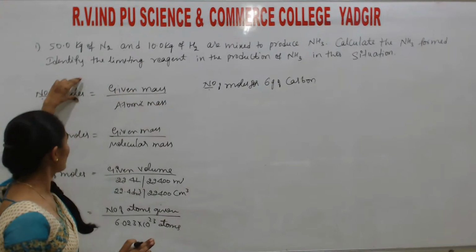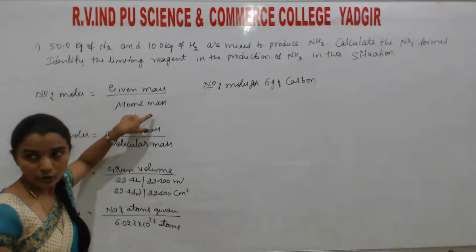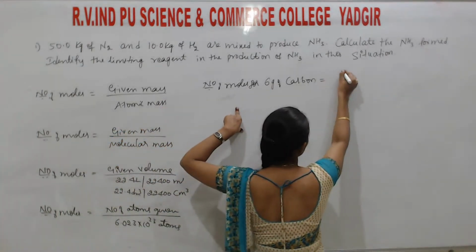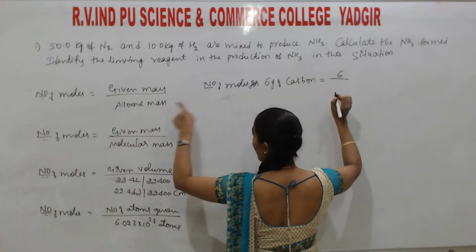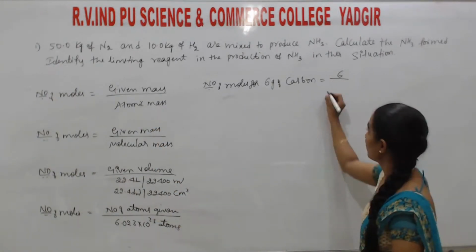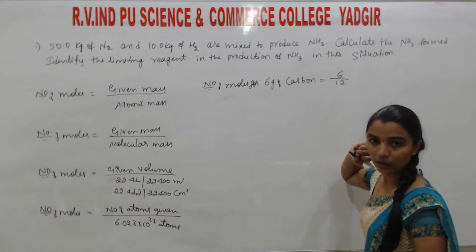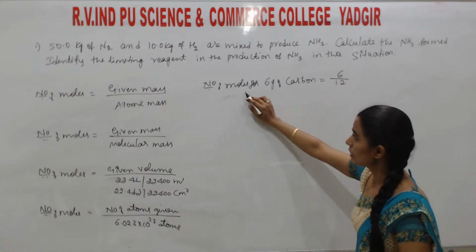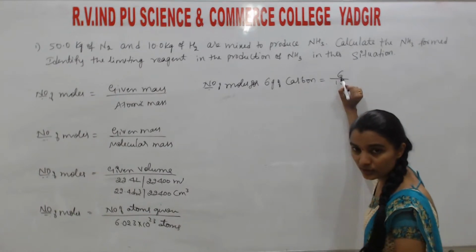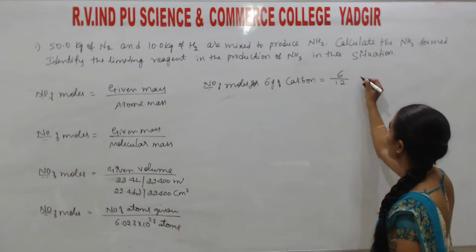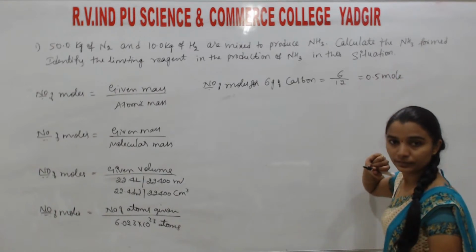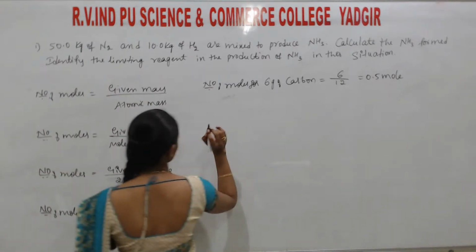So the formula is number of moles is equal to given mass by atomic mass. Given mass is 6. Atomic mass of carbon is 12. So number of moles for 6 gram of carbon, given mass is 6, atomic mass is 12, that is 0.5 mole.